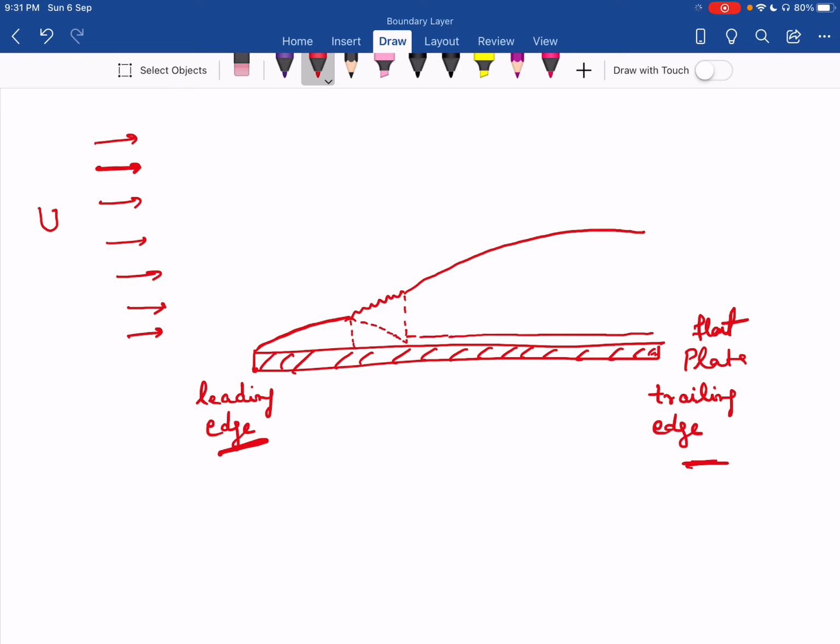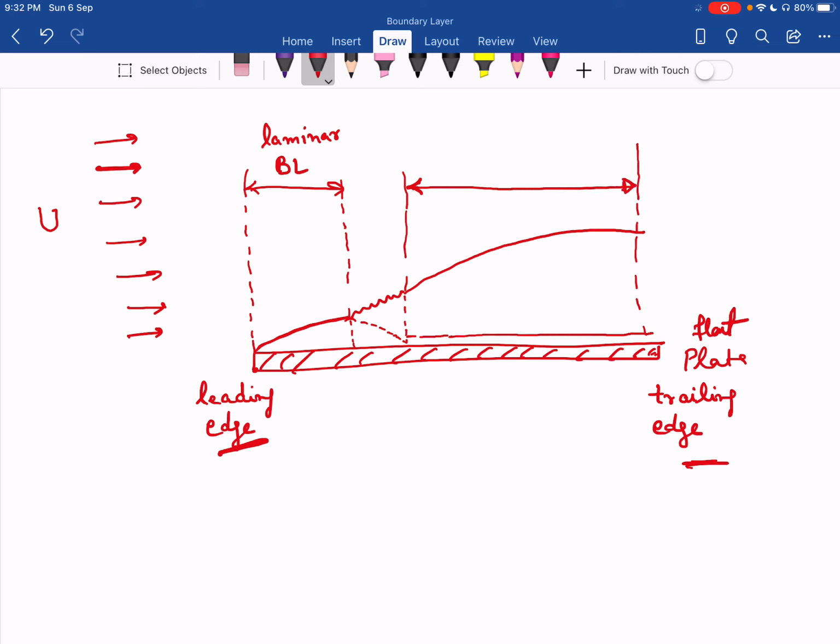So within the initial part, this is the initial part of this layer, that we call the laminar boundary layer. The end part of this layer we call the turbulent boundary layer.